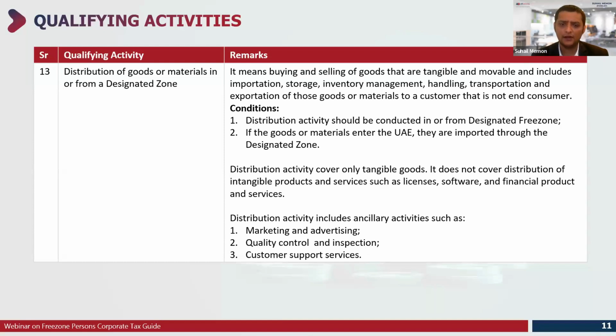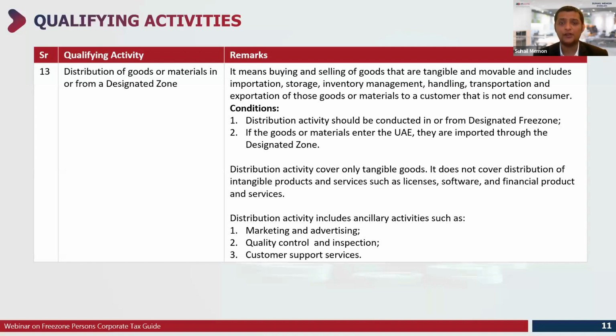We were already advising our clients that high C sales is part of a qualifying activity if done from a designated zone. What we await here is the list of designated zones. Still, it's better to approach your free zone in which you are doing business and ask the free zone authorities whether this would be covered and whether this zone is a designated zone and we are getting the corporate tax benefit or not.